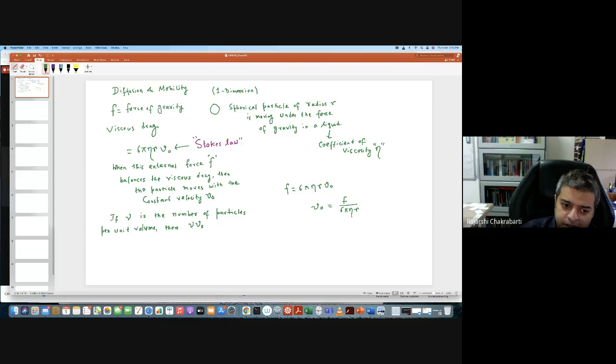The nu is the number of particles per unit volume, so you have some number of particles divided by volume. And V0 is displacement divided by time. So this displacement and volume will partially cancel each other. It will give you 1 over area, and you also have 1 over time because of V0.